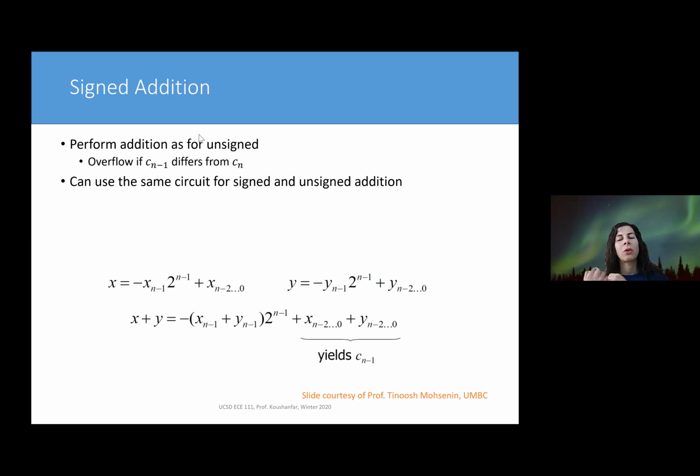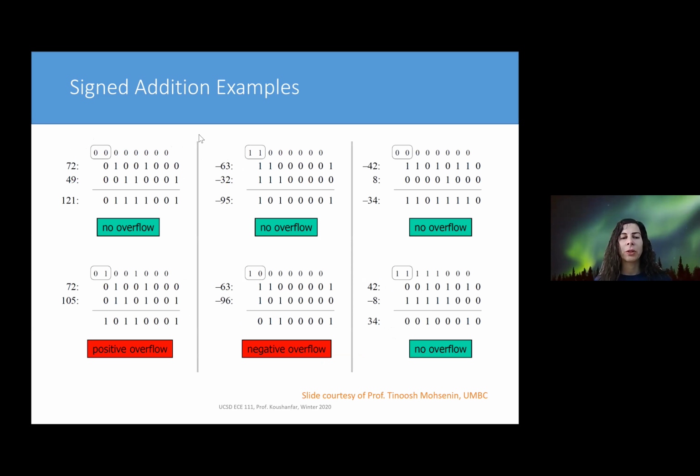If this overflow occurs, you need to make sure that you have 1 more bit for the addition. And this is consistent with unsigned addition. If you're adding 2 n-bit numbers, you need n plus 1 bit numbers to represent it correctly if you're not accounting for the overflow. So that's something we need to be aware of.